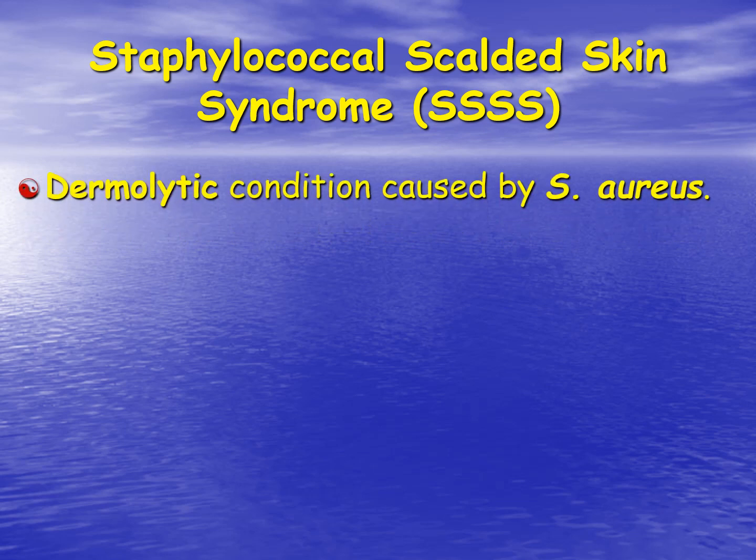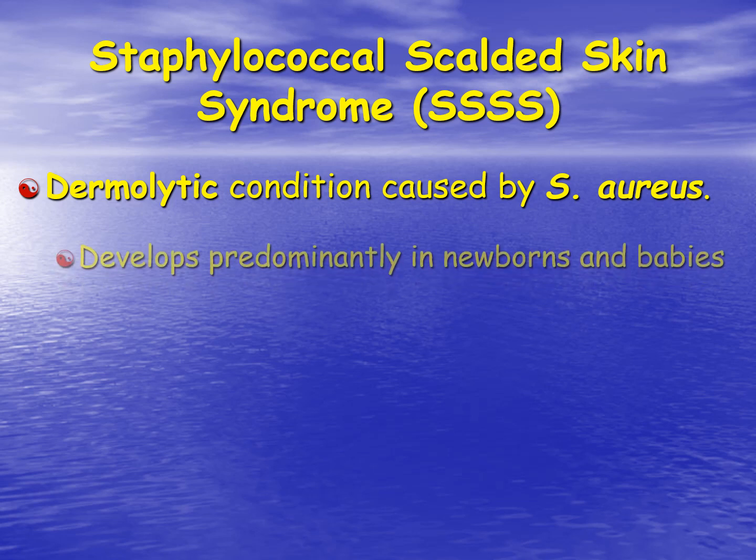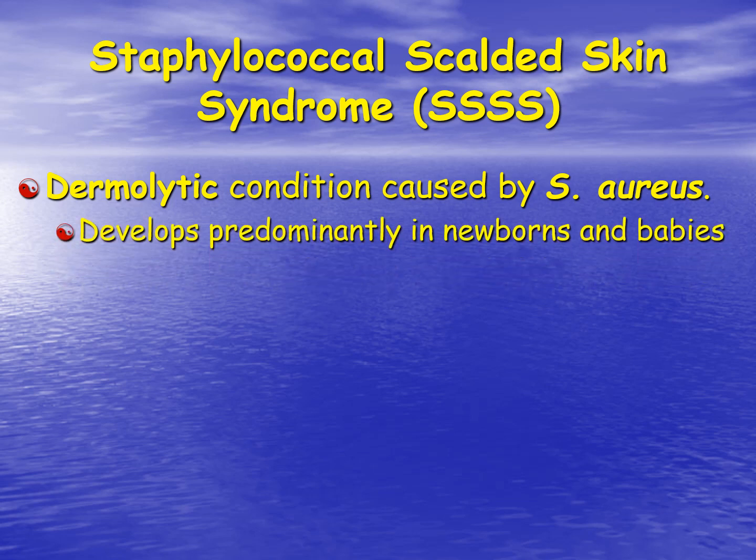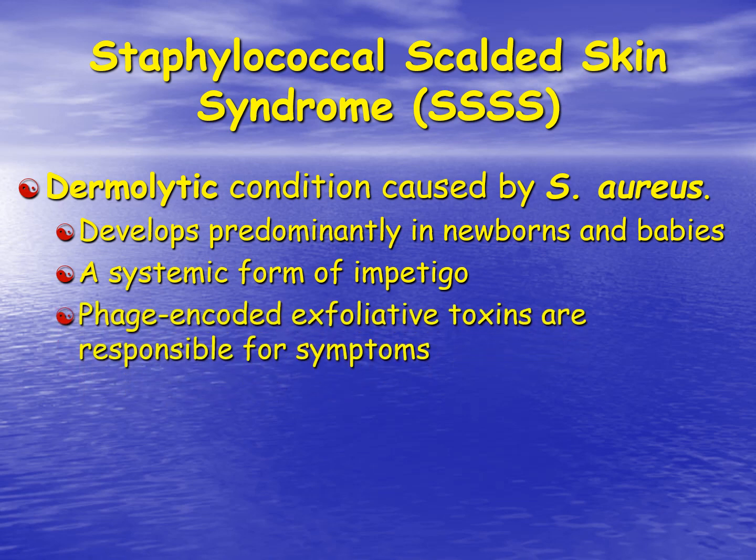Now, staphylococcal scalded skin syndrome. This is a dermolytic condition caused by Staphylococcus aureus, and it develops predominantly in neonates and those under the age of 1. It is a systemic form, really, of impetigo.